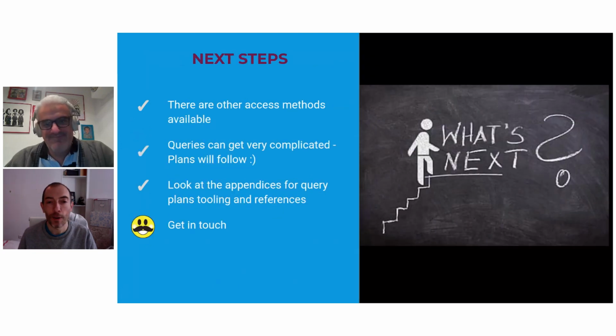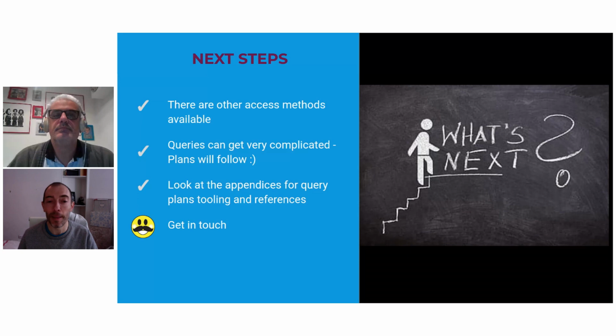So there are other access methods we didn't talk about in this presentation. As I told you before, we couldn't address everything within an hour. And we hopefully do that later in the year. What you can remember is, as you could see with Flavio's example, that the queries can be very complicated, and so the plans will be complicated as well.